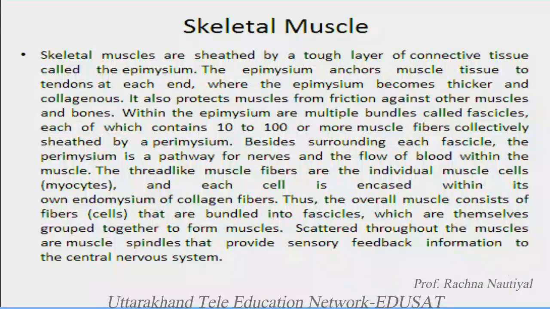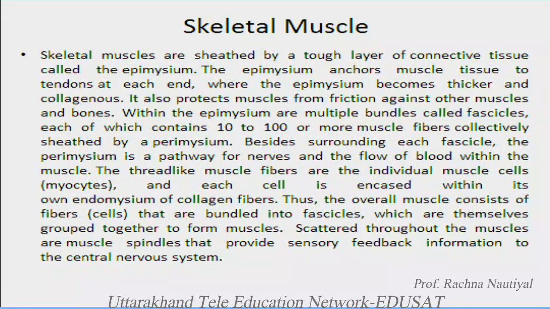The thread-like muscle fibers are the individual muscle cells, myocytes, and each cell is encased within its own endomysium of collagen fibers. Thus, the overall muscle consists of fibrous cells bundled into fascicles, which are themselves grouped together to form muscle.